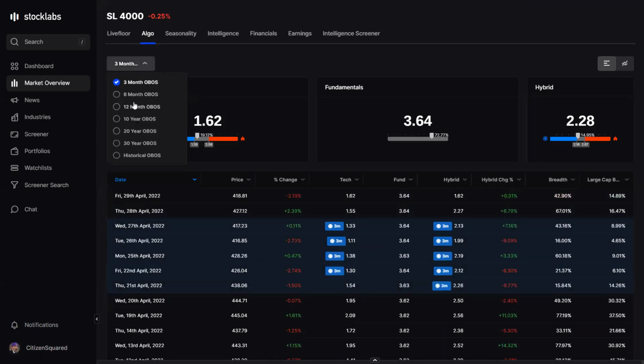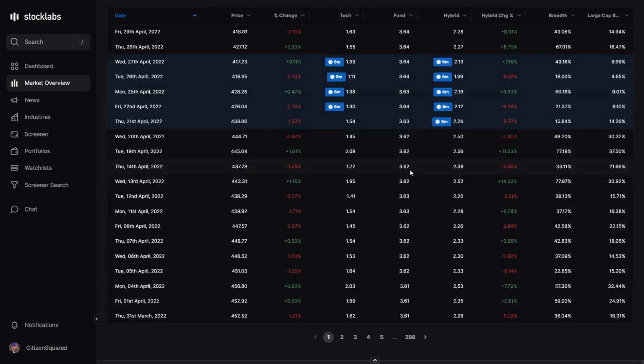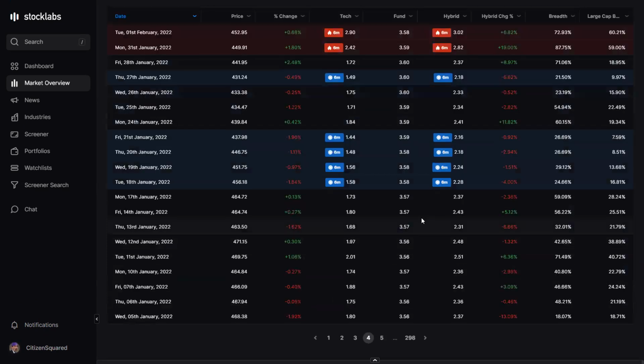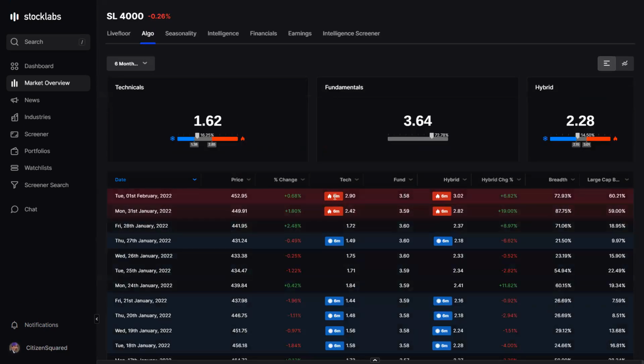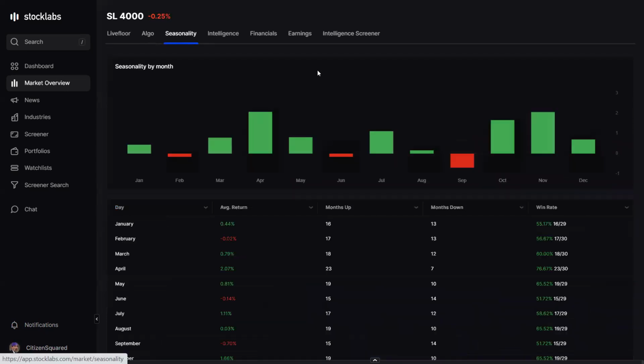These are like 12-month, there's a tech column and a hybrid column. The blues are oversold, and the reds are overbought. But it's the same thing. It's the same chart that is on the other page, but you have the table data.